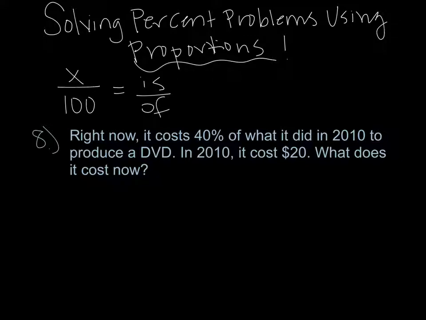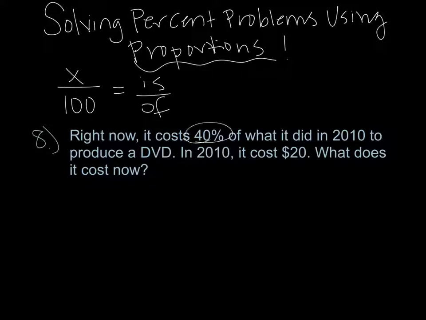Let's do one more word problem and then we're going to call it a day. This says right now it costs 20% of what it did in 2010 to produce a DVD. It's gotten a lot cheaper. In 2010, it cost $20. What does it cost now? Let's see what we can find. We know that we have our percent, okay, because it's here.